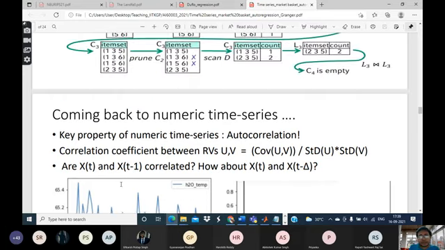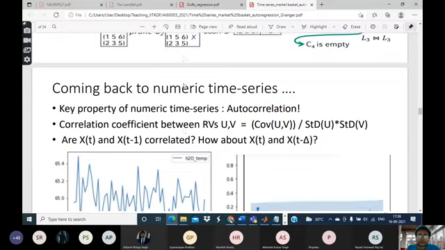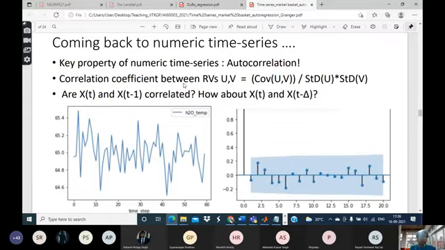Most of the time series forecasting methods which we will study will be for numeric time series, where the values are numeric or real numbers. But even for non-numeric time series like this, if you want to do forecasting, this is one way to do it. Now let us come back to numeric time series.